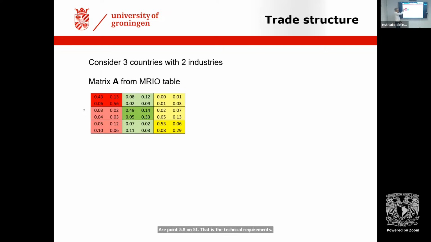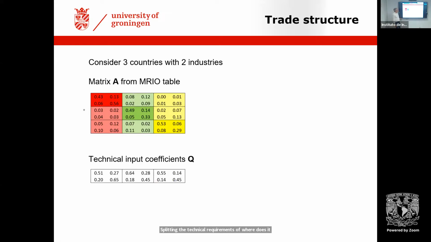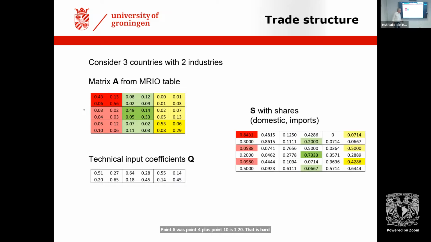And then the rest is simply splitting the technical requirements over where they come from. Coefficients I call Q. So that is the 0.51 that we saw just a minute ago. And 0.6 plus 0.4 plus 0.10 is 0.20. That is how you calculate these Q numbers. And here you now have pairs. Where am I going to start?